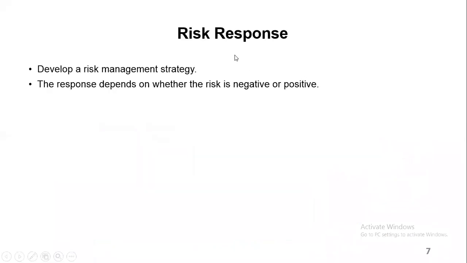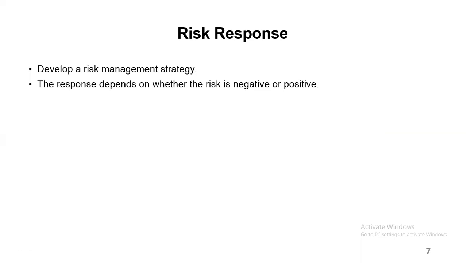Now, in terms of risk response, like the question you were asking, what do you do now? You have identified them, you have assigned them some probabilities and their impact. So what after that? What will you do? You need to develop a risk response. Here, you need to develop a risk management strategy, a strategy or action plan.